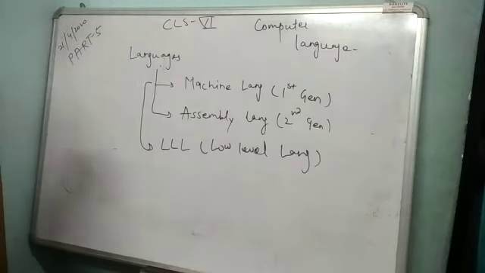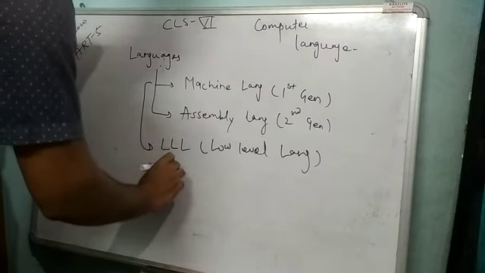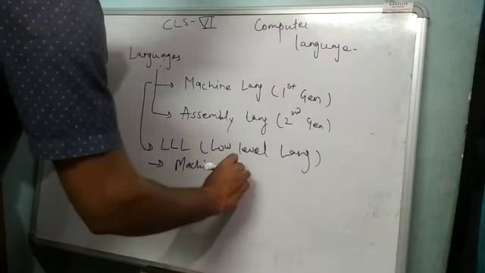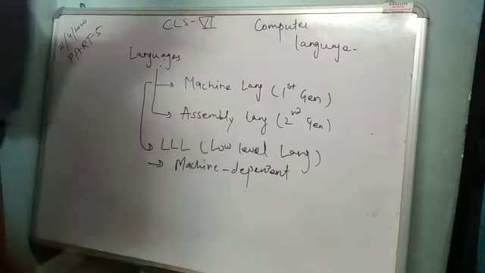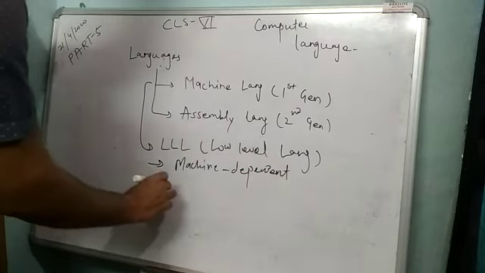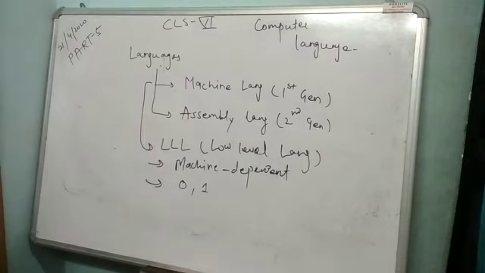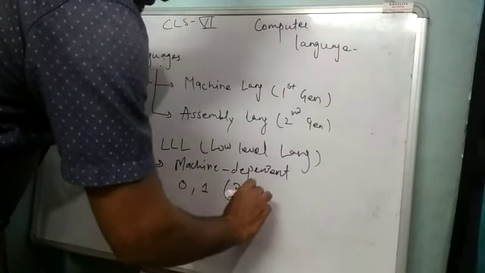So machine languages are, first, machine dependent, and these languages use only two numbers, that is 0 and 1. These numbers are also called binary numbers.